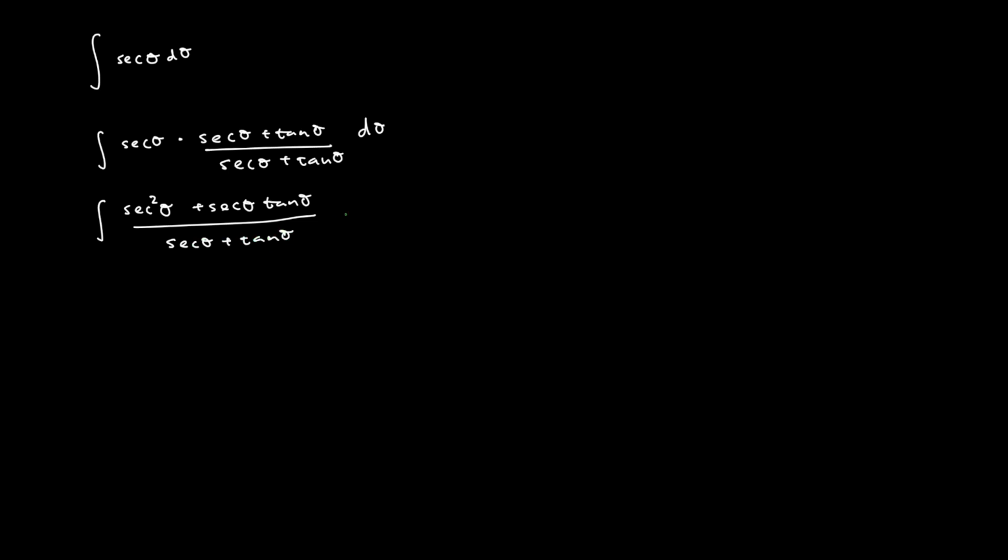And now we can take a u substitution. If we do w is equal to secant theta plus tangent theta, then we get dw is equal to secant theta tangent theta plus secant squared theta times d theta.